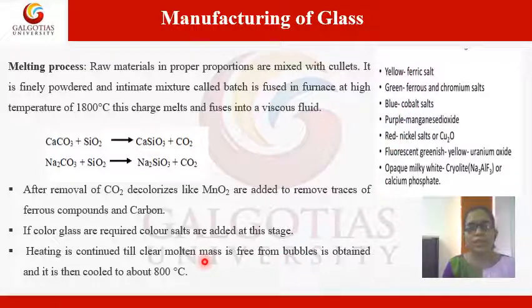Then heating is continued until formation of a clear molten glass that is free from bubbles. The carbon dioxide and moisture will produce bubbles, so heating will continue till the molten mass is free of bubbles. Then it will cool to 800 degrees centigrade. So this is the main process during the manufacturing of glass.